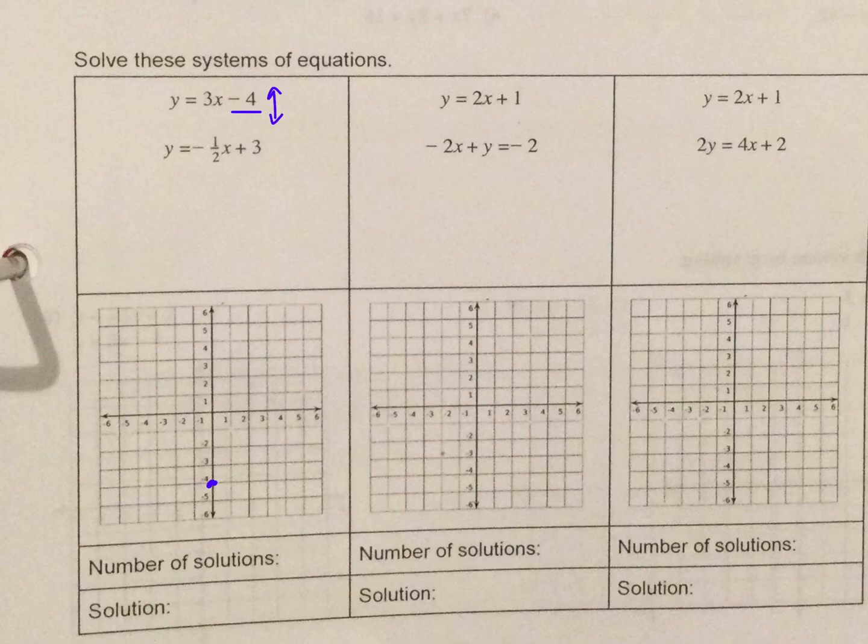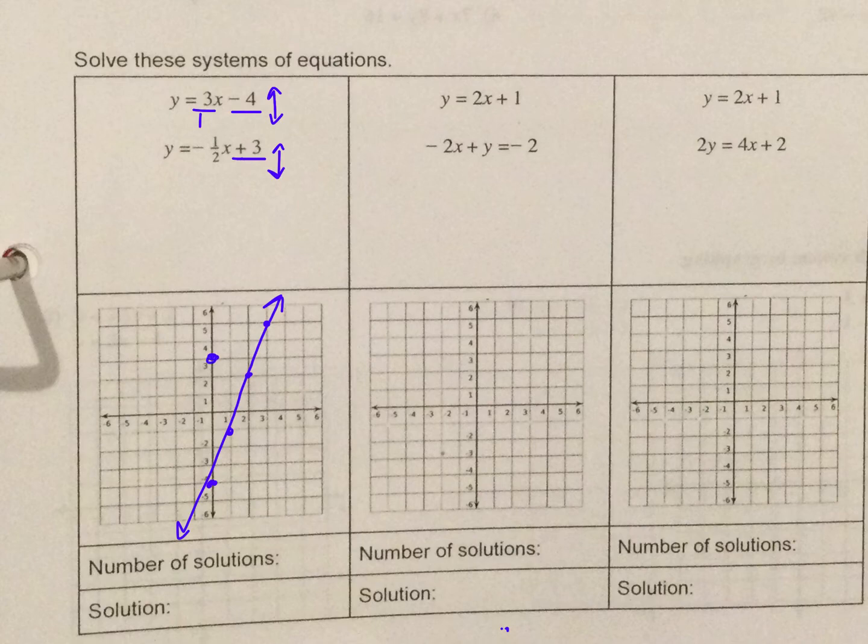From there, I'm going to rise 3, 1, 2, 3, and run +1. When you are doing these, you need to count them out because it's really important that your line is actually straight so we can see where they cross.